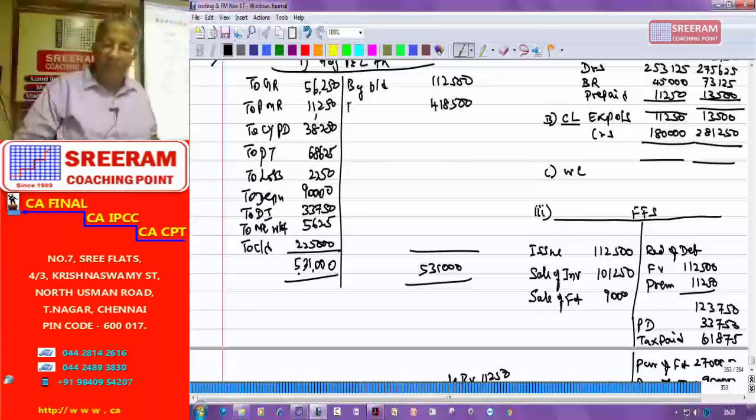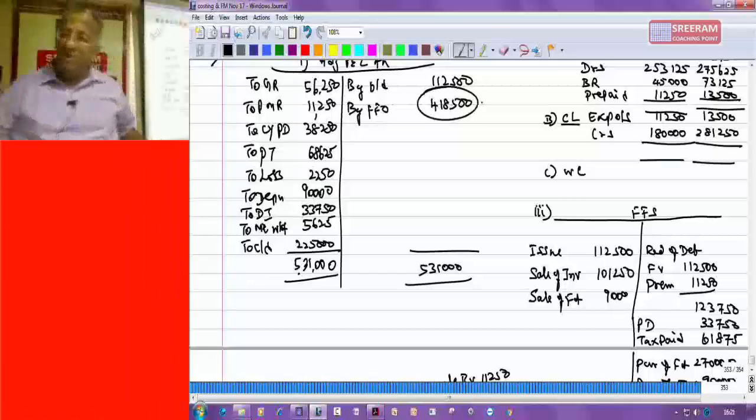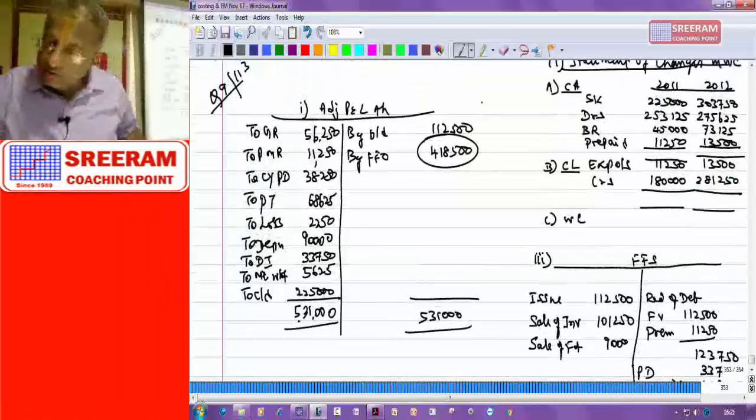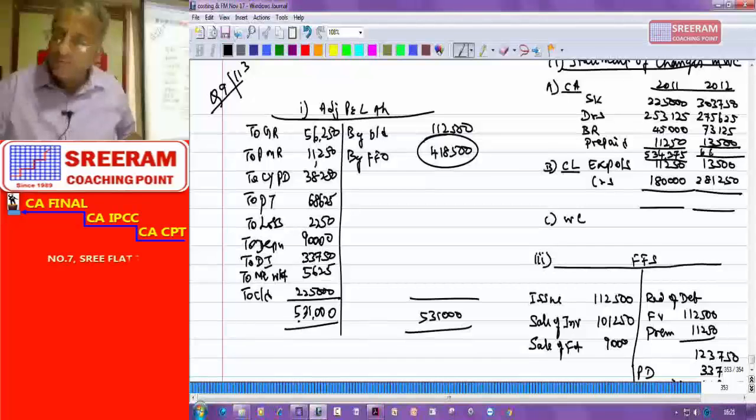By funds from operation. Now let us effect the total of current assets. 5 lakh. Total 6 lakhs 66.